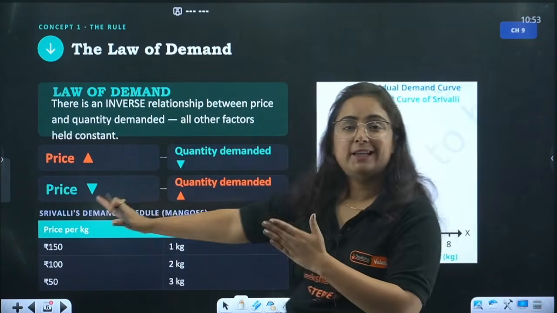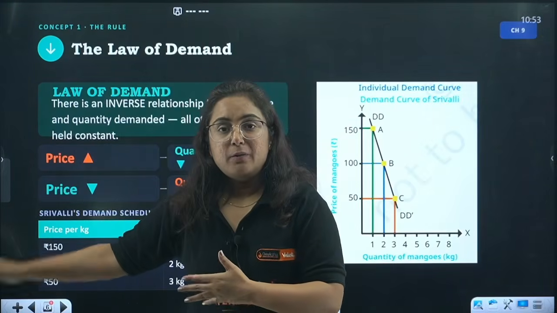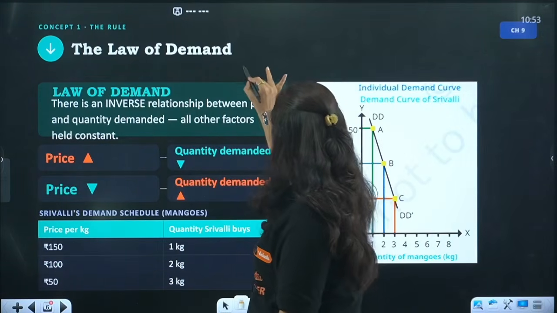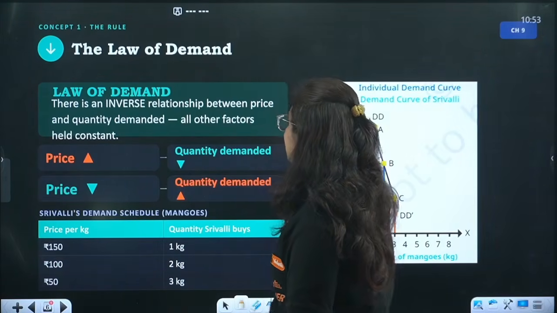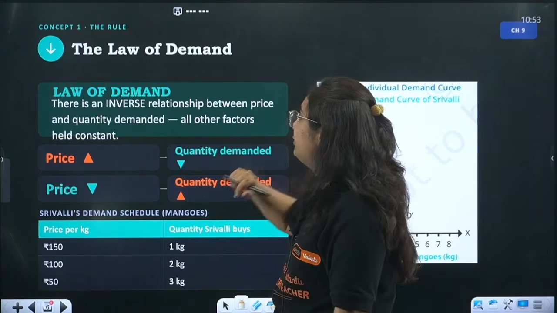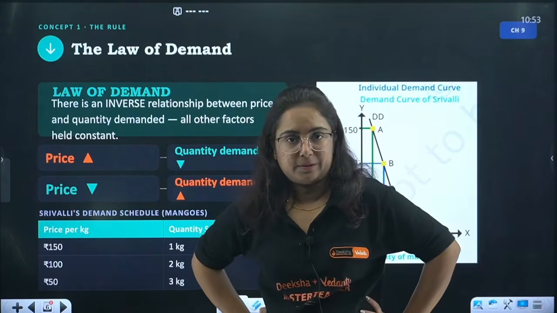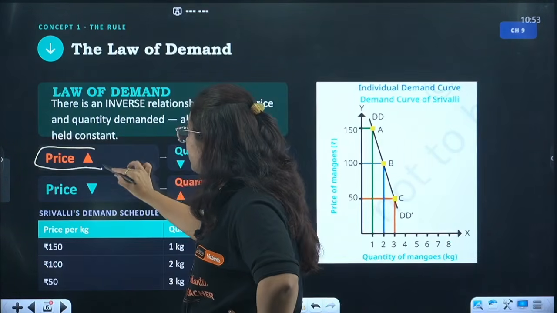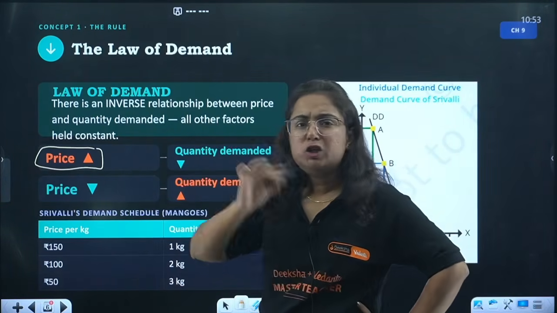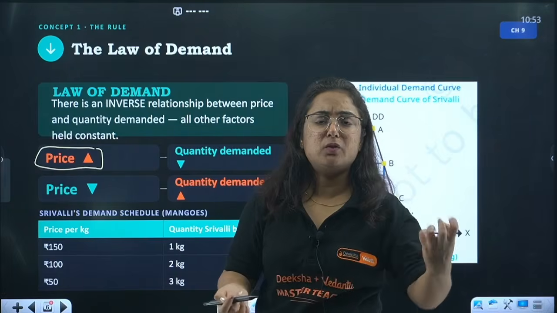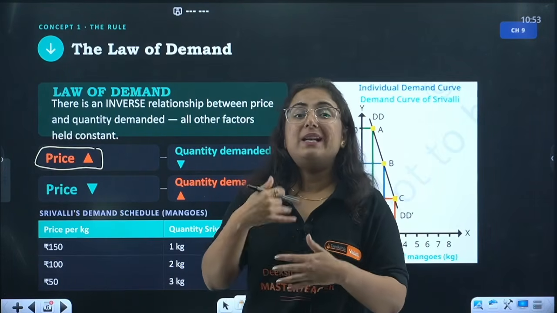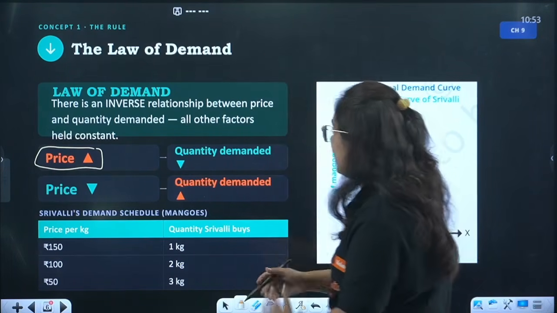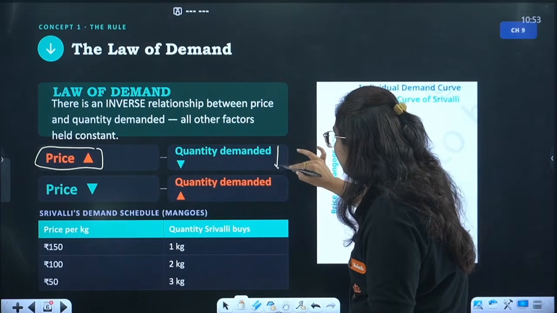Just now, we studied the example of mango. We got to know that, beta, whenever the price increases, the quantity demanded is also affected. Whenever the price of the product increases, you will not be buying the same quantity as when it was reduced. You will adjust and the quantity demanded will be reduced.